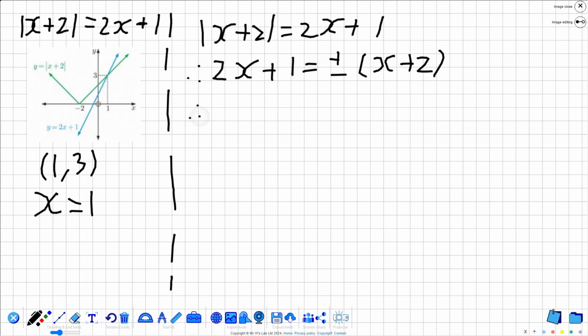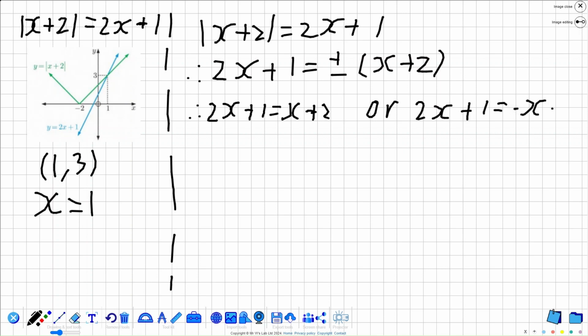And then, obviously, we're going to have two sections this time, so I'll write "or" here: we can say 2x + 1 = x + 2, or 2x + 1 = -x - 2, and then evaluate that.